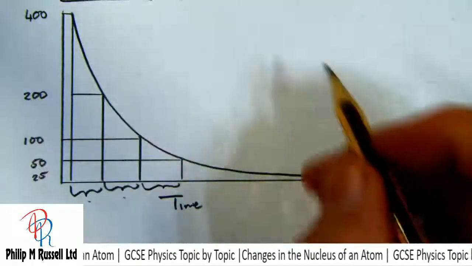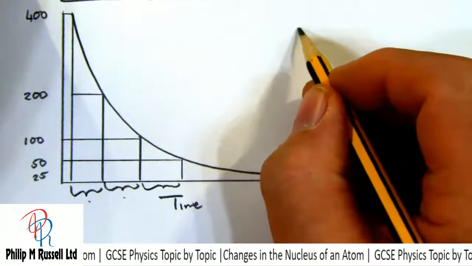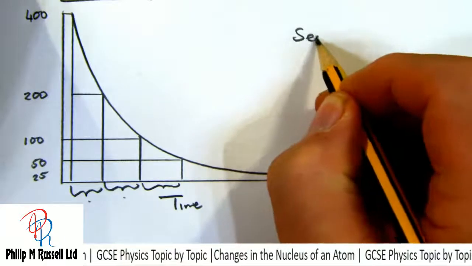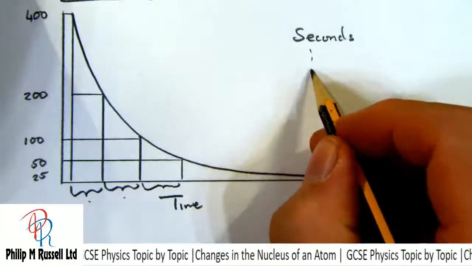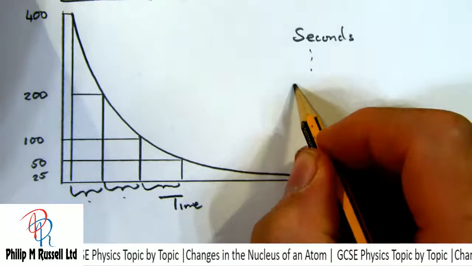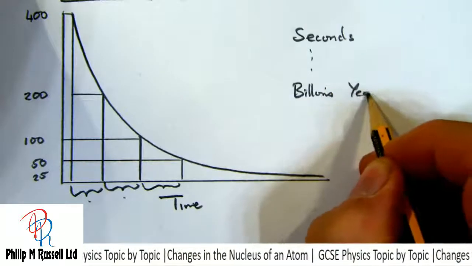decay. Some of them will decay really quickly, so we're going to have some in the order of seconds, to some which are going to be the order of billions of years.